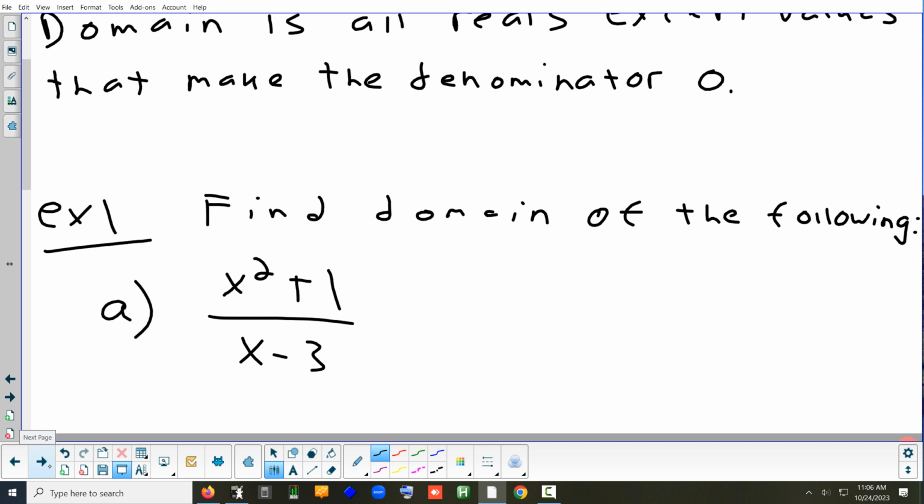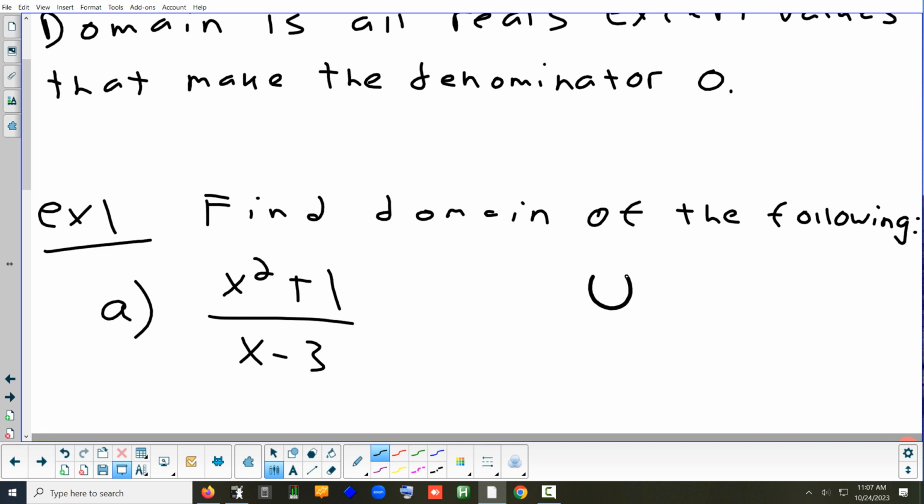Okay, so find the domain of the following. I like to figure out what number you're not allowed to use, and then go from there. What would be the domain, or what's the number that you can't use in this one? Yep, 3. So, does anybody remember as an interval, how do you write everything except 3?